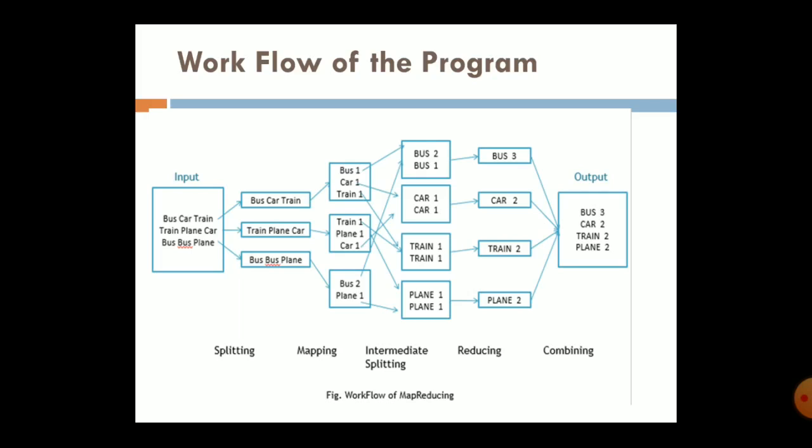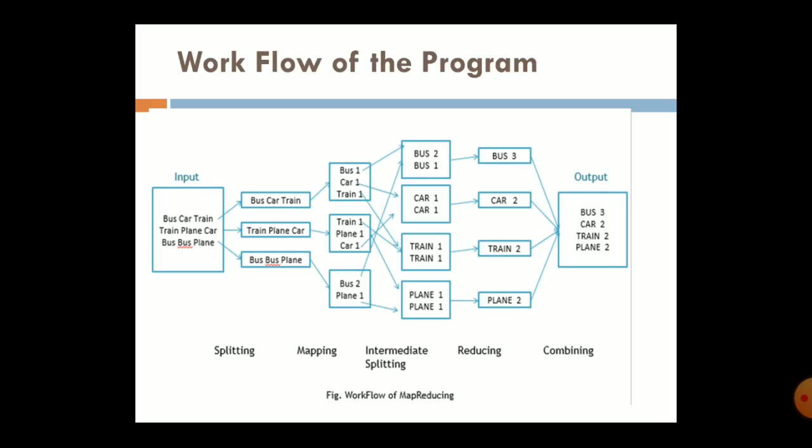As many data nodes as there will be, it will be divided. Now it starts checking the values it gets. So the key and value pair will be mapped in the mapping part. So splitting, mapping. In the intermediate part, it is segregating all the values and coming up with the solution.